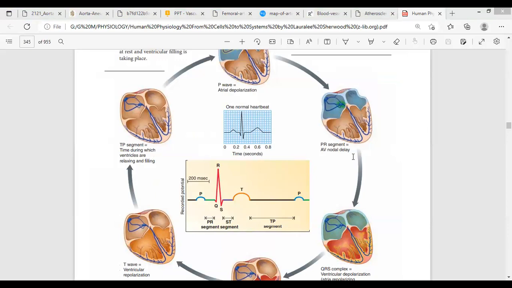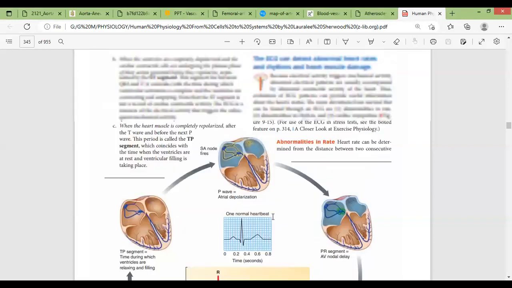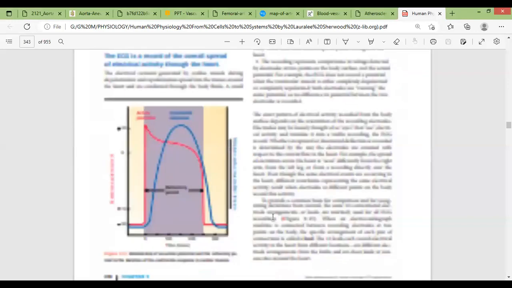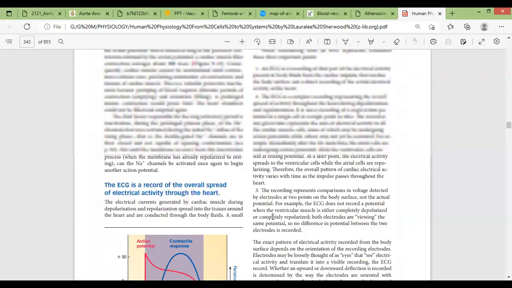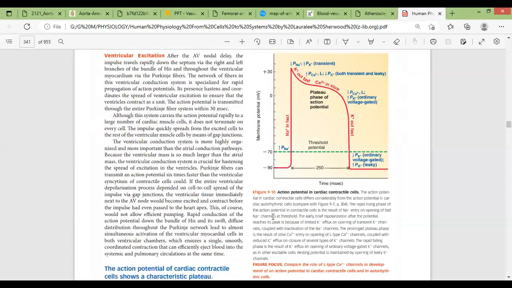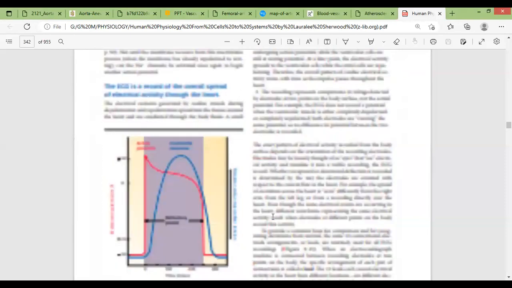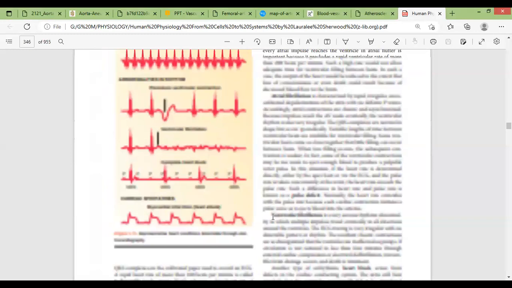So someone is asking which part is wider during tachycardia and which part is wider during bradycardia. I got tachycardia, but this textbook has a diagram somewhere. Yeah, here it is.